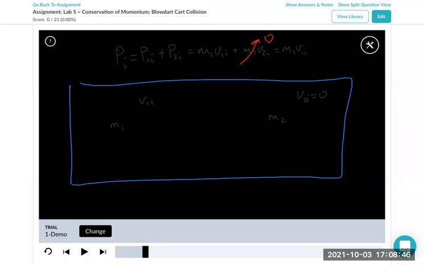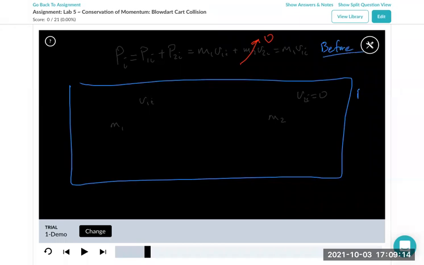That's the initial momentum of the system: mass of the blow dart times how fast it's moving, because the cart has no momentum initially. It's at rest. So this is before the collision.